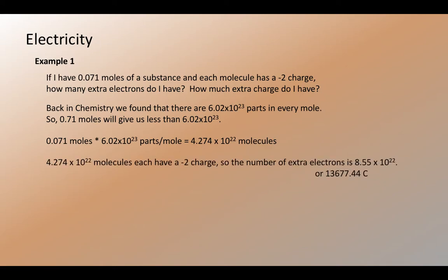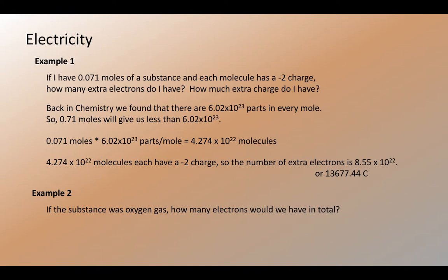Now, if each of those molecules has a negative 2 charge, they have 2 extra electrons in each one. We just multiply by 2, and we get 8.85 times 10 to the 22nd, or 13,677.44 coulombs, which is an awful lot.